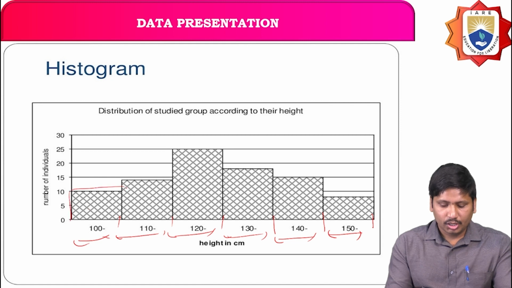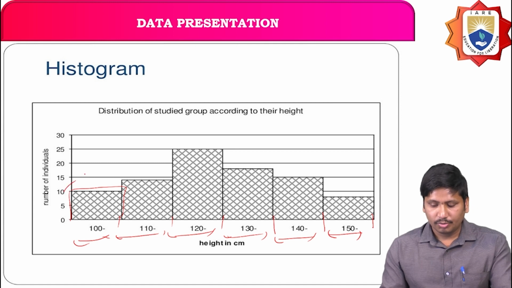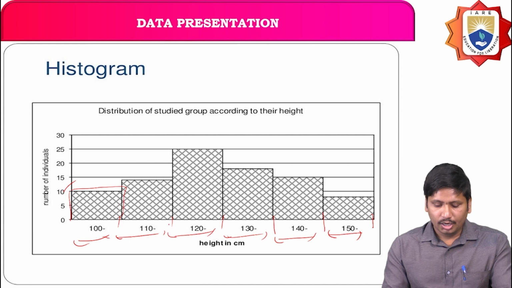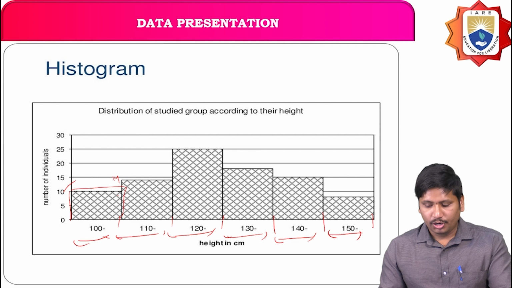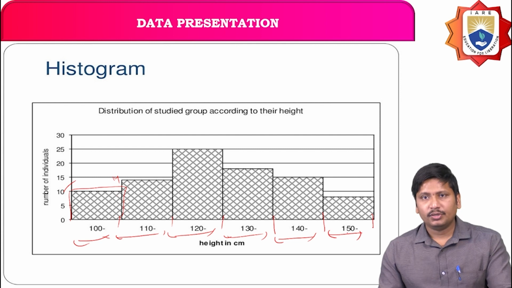Now by seeing this, what can we understand? So in 0 to 100, the number of people available is 10 here. That should be the height. And then 100 to 110, how many people are available? That is 14. So like this, I can predict the data by seeing the histogram also.